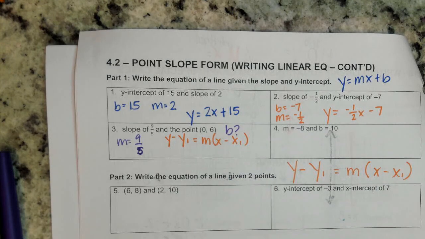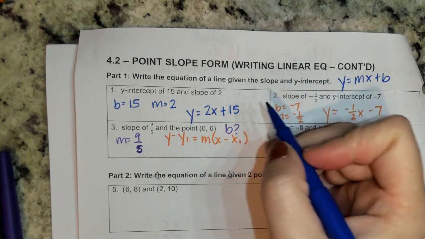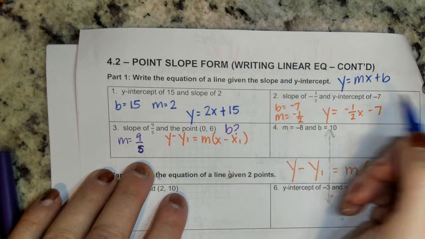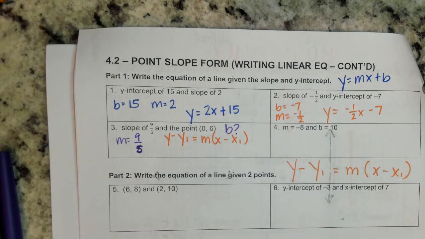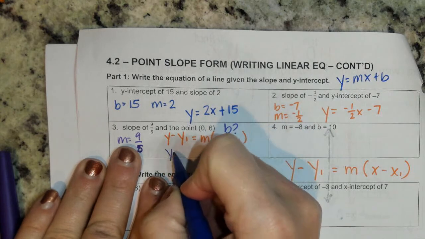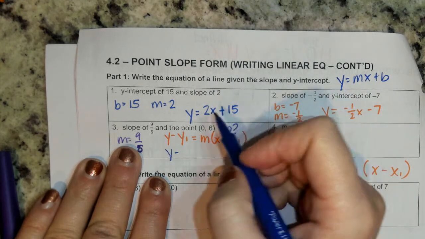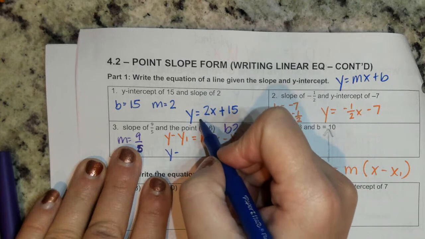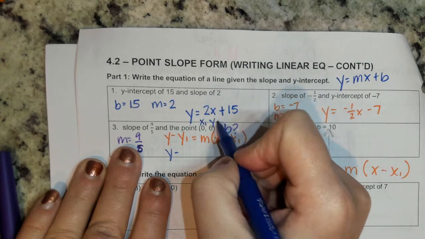Okay, so let's go back to number 3. Let's plug in what we have. The y we don't know. Okay, we're going to just say y minus our y1, this is your x1 and this is your y1.